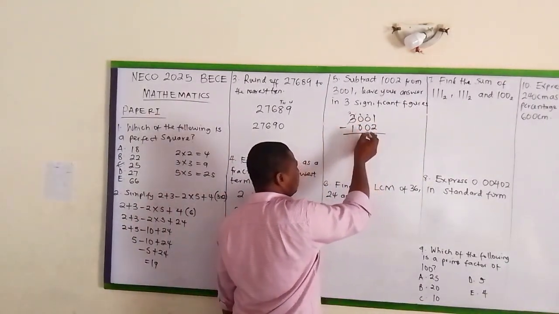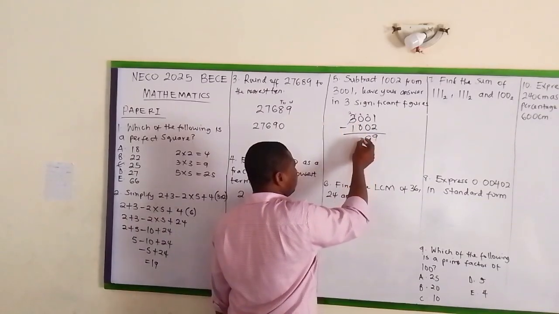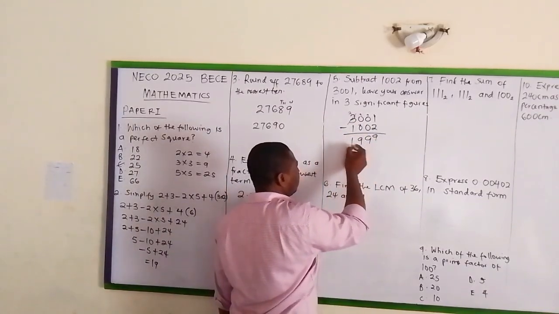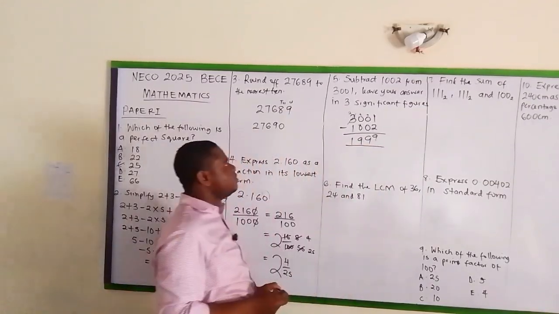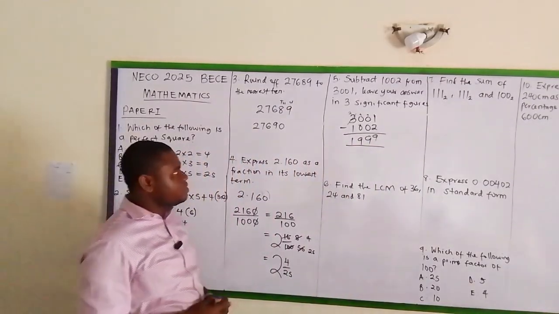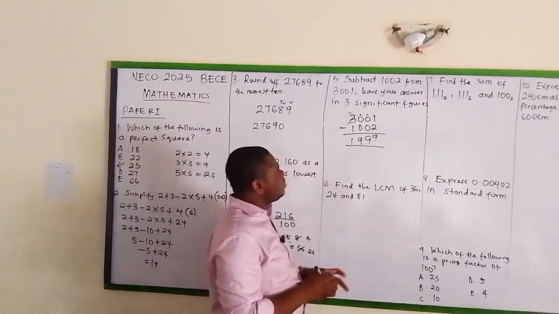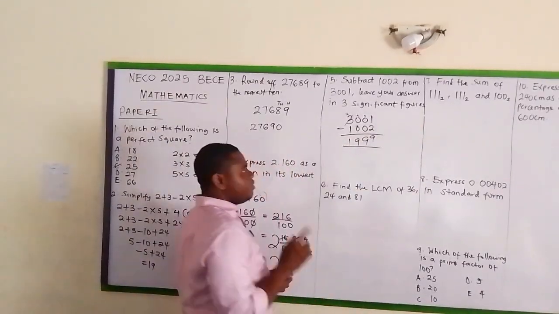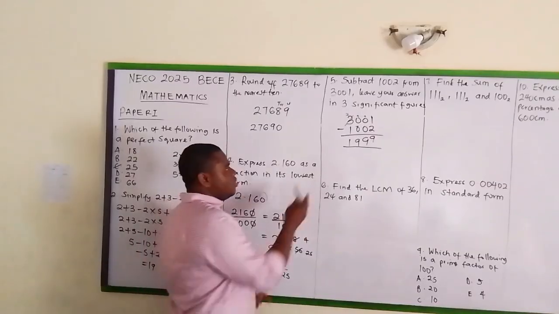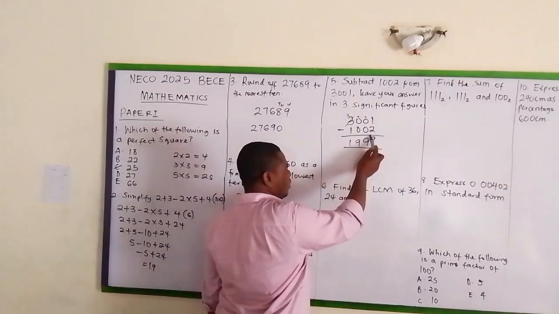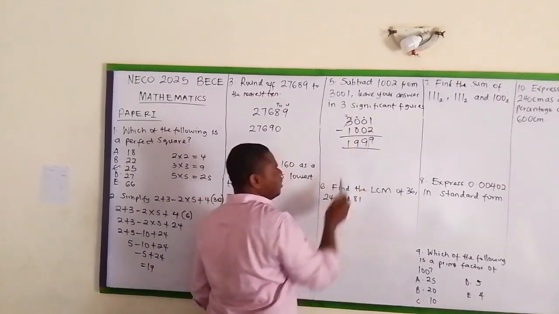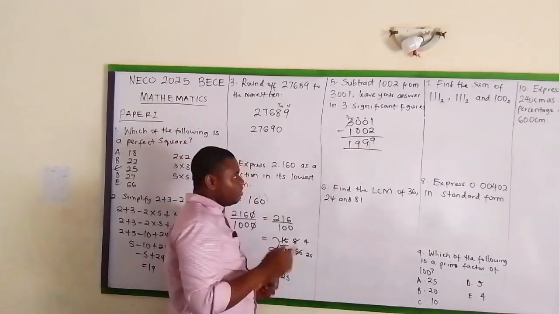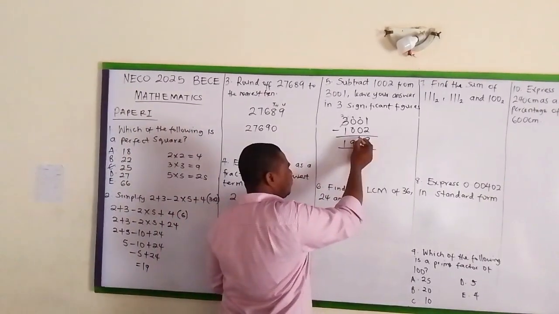9 minus 0 is 9, 9 minus 0 is 9, 2 minus 1 gives me 1. So this will give me 1999. But don't forget, you have to leave your answer in 3 significant figures. Now, the first 3 significant figures here are 1, 9, 9. So the next number can actually influence the last significant figure. So this will give me a plus 1.